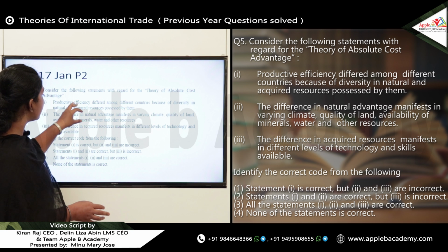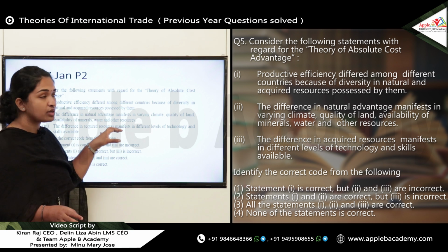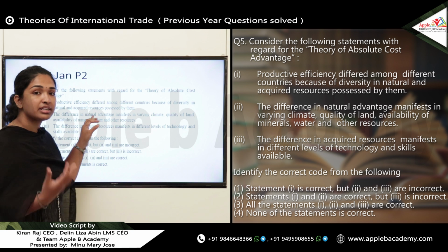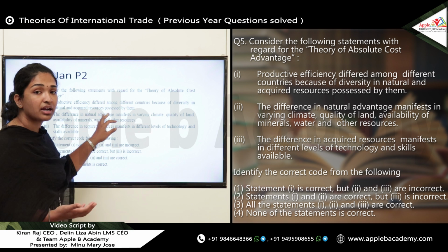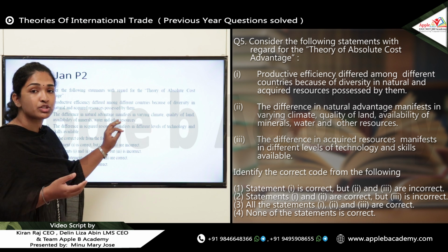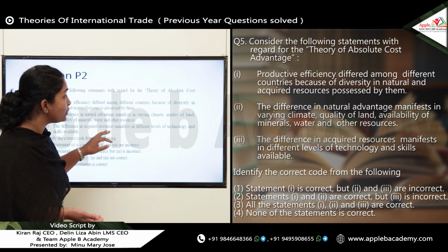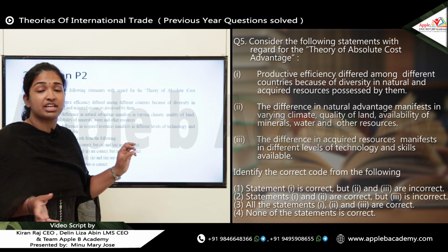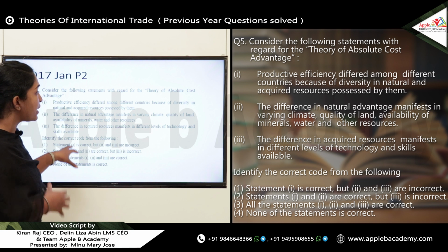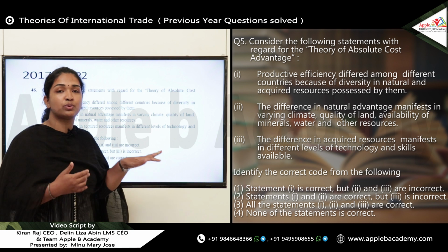So these two are exactly the explanation given to the first concept. A country has an absolute advantage because of these factors. That means a country has a diverse or unique nature of itself, which is why a particular country has an absolute advantage.